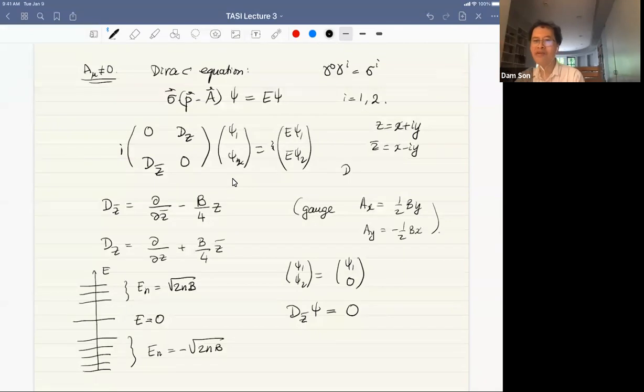There's one set of modes for which the energy is 0, and it's annihilated by a first order differential operator. Okay, so this one, you can solve this equation. Psi 1 is a function of z times e to the minus B over 4 times z z bar, with z to the n power with any n.